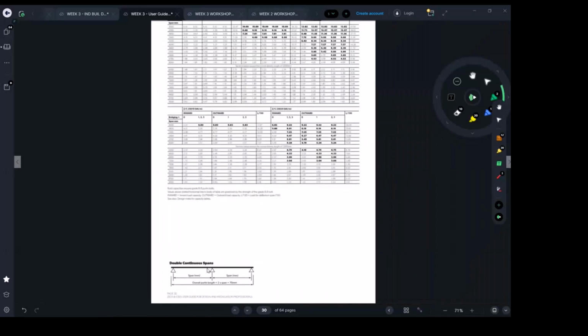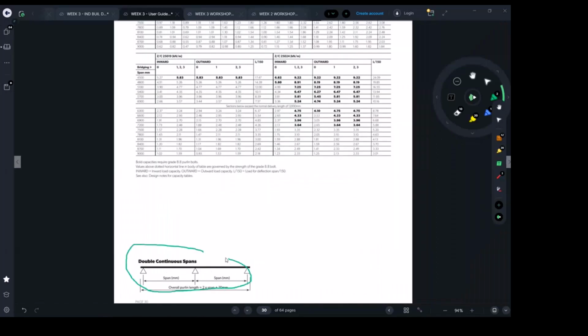This is again 2 spans, but does it answer what we want? Quickly, guys, do you think it will answer what we want? Can we use this?